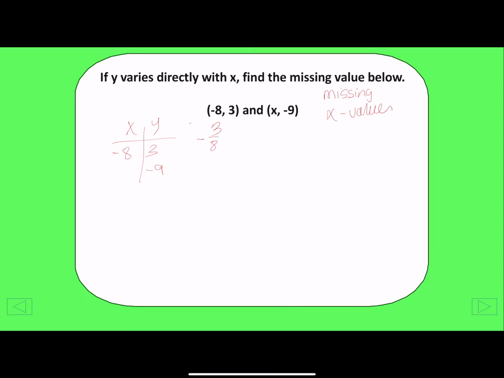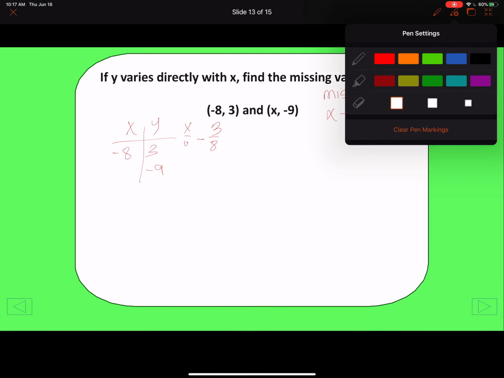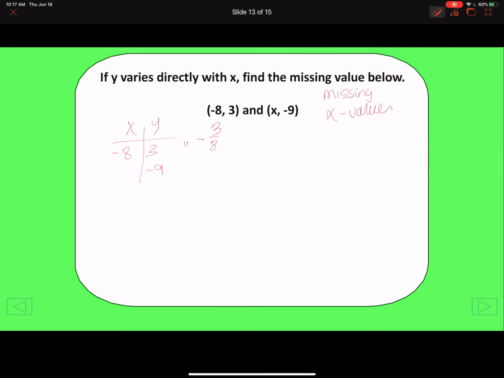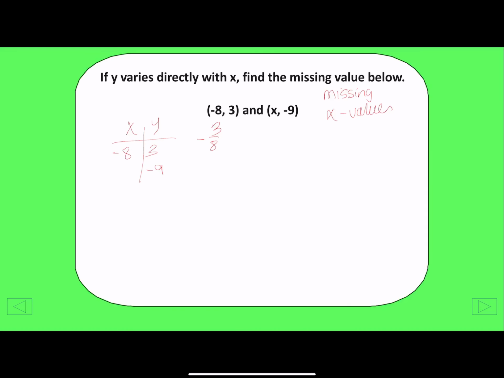So we're going to start by doing 3 over -8, so we're going to keep that fraction as -3/8. This is going to stay the same just because of the way the fraction is. Okay, so 3 over 8 negative, and we're going to keep it the same.